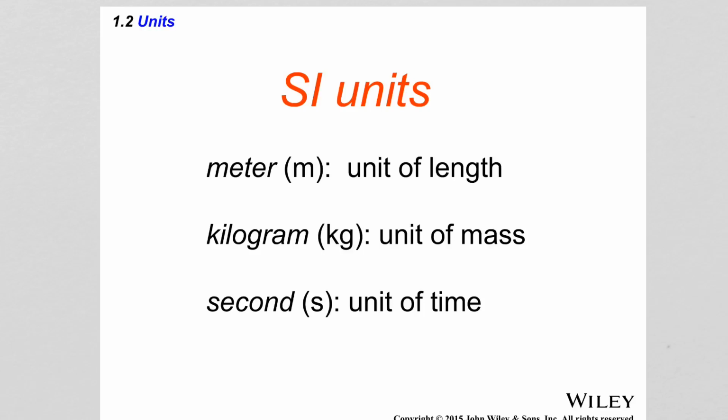So in the United States, the measurement system of choice is the imperial system, although for certain quantities there are units from the metric system that are used as well.